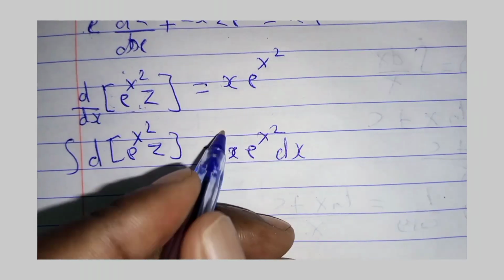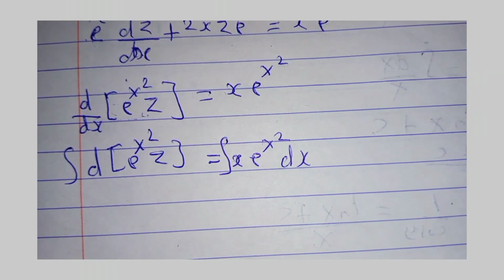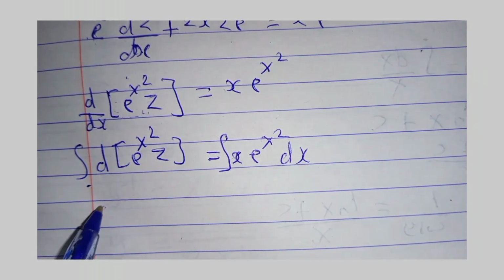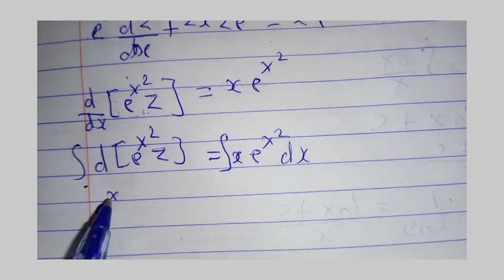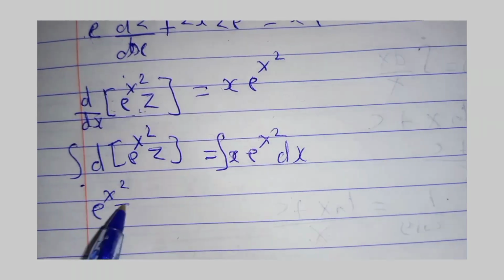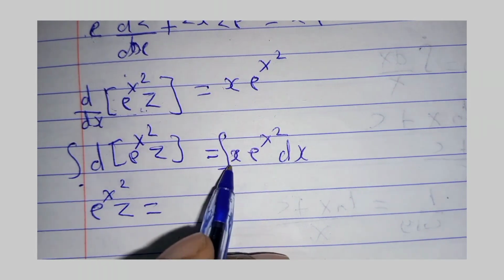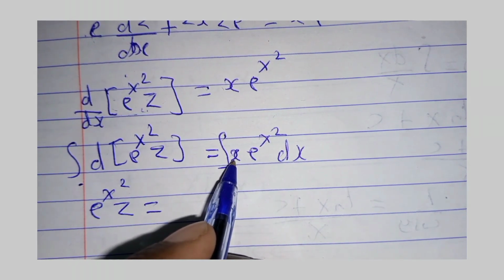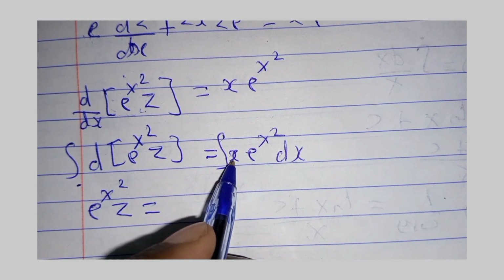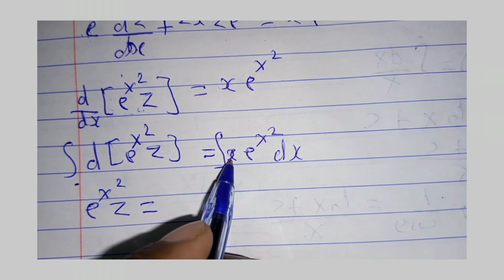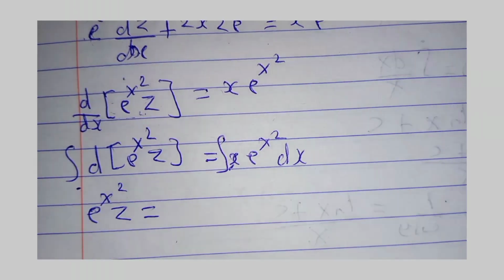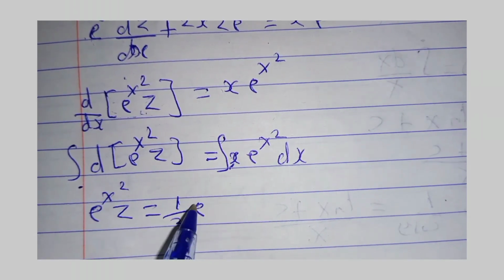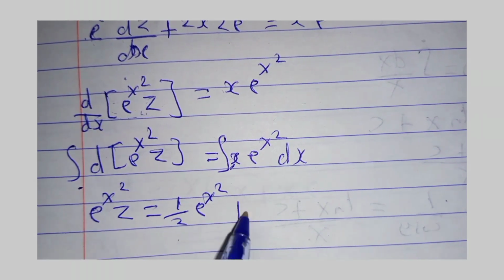We introduce the integral signs. Now, when you integrate and differentiate, you are going to get your function, which is exponential x squared z, which is equal to, when you integrate the right hand side, the result will be half exponential x squared plus constant c.